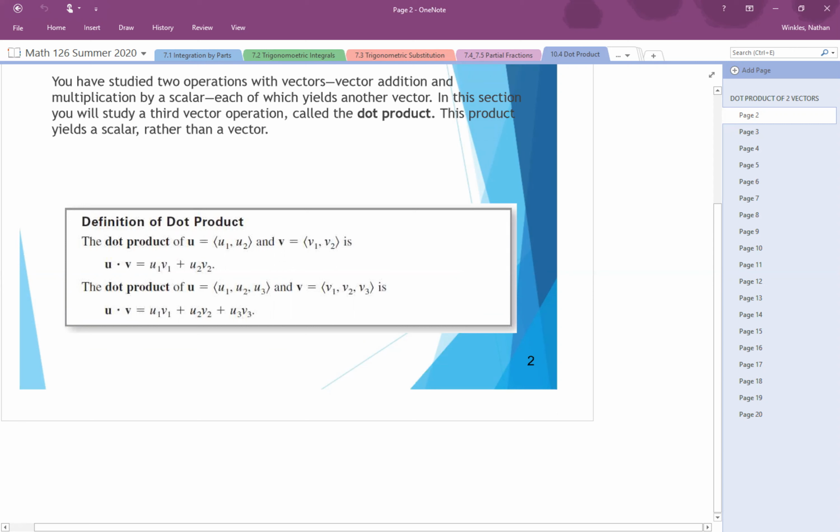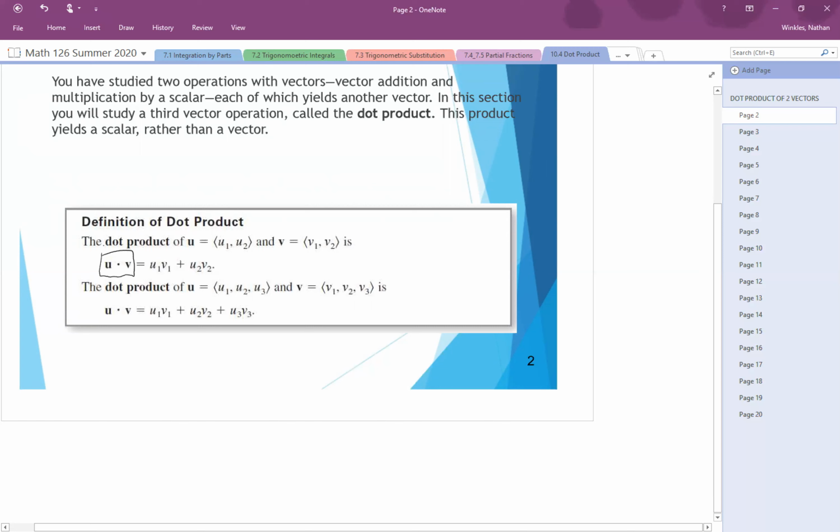So if we're going to do one that has two elements, the dot product u dot v, and that doesn't mean multiplication, it means dot product, would be equal to the first components multiplied together, and then the second components multiplied together, and then we add them together. So it's going to be u1 v1 plus u2 v2.